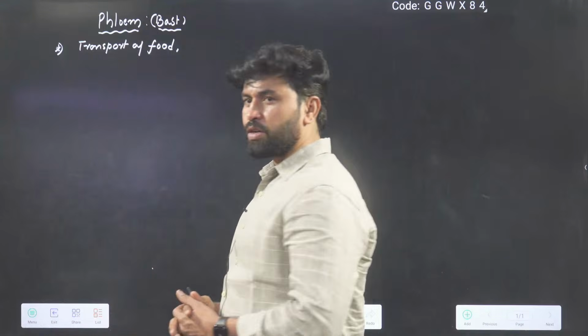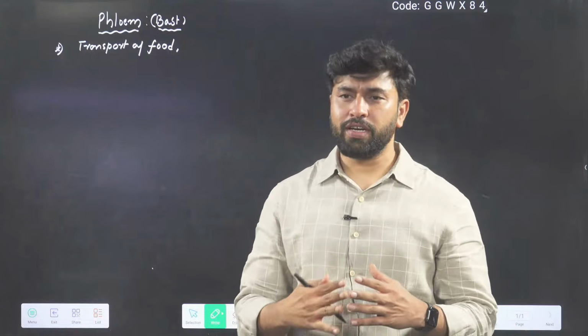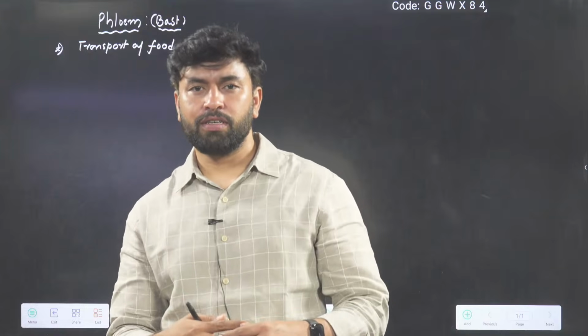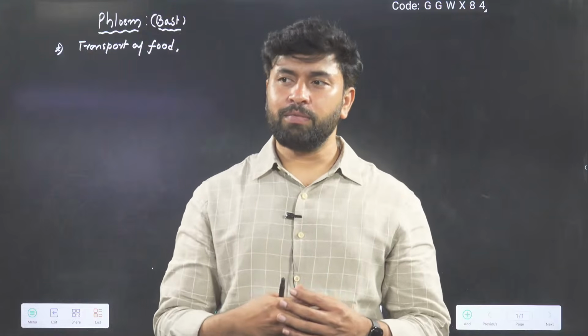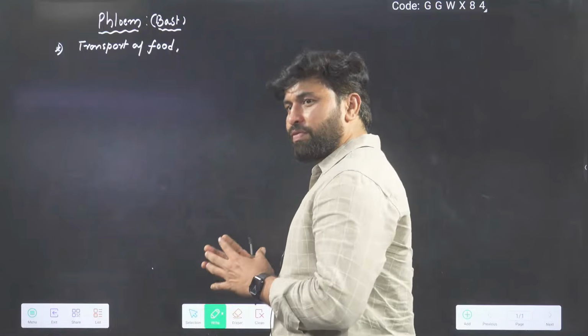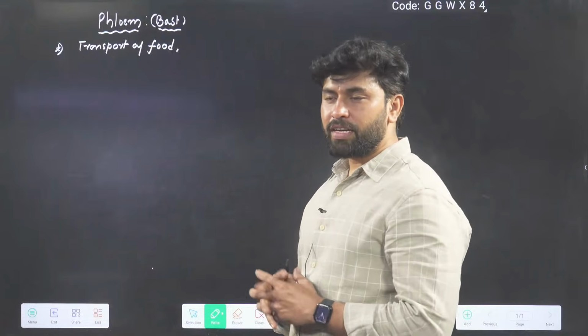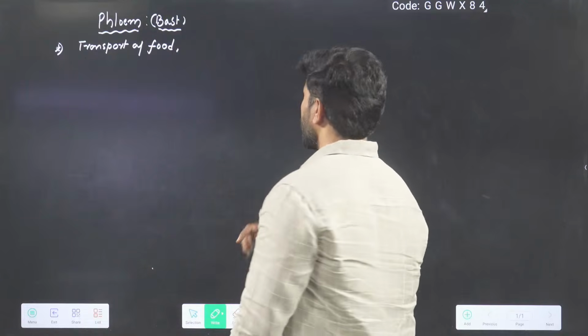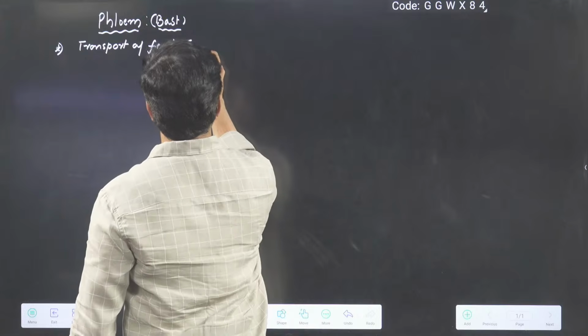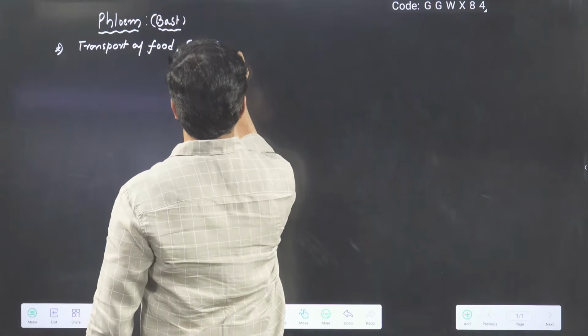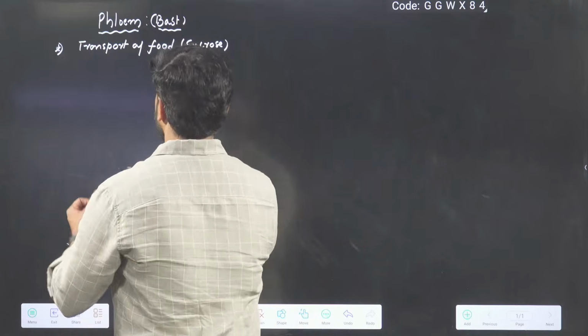What sort of food will it transport? It transports food in the form of sucrose. The only one form of food phloem can transport is sucrose. Why? Later we will see.